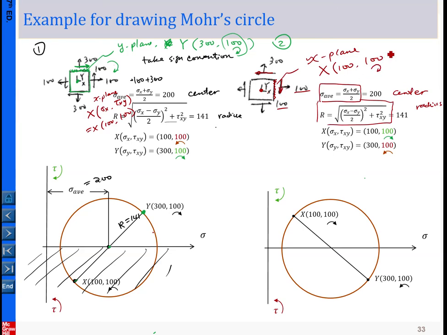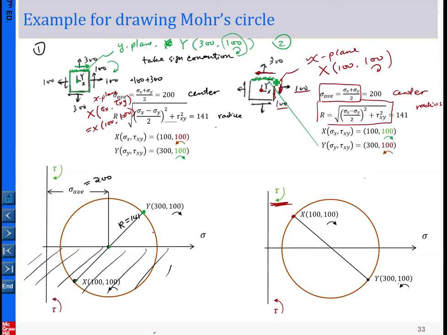So with this, the x point must be in the upper portion, because we adopt this sign convention. So we label x as 100, 100, on the top here. Now we move on to the next one.